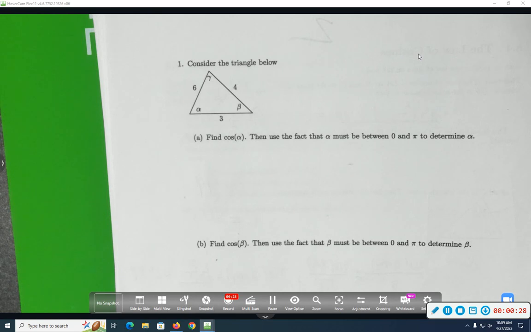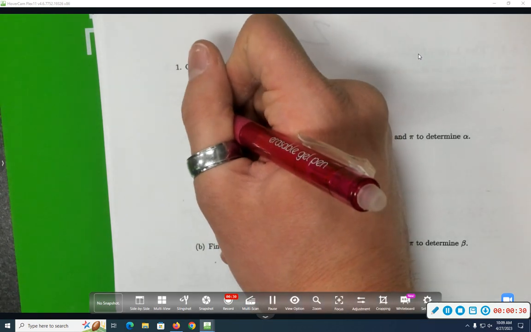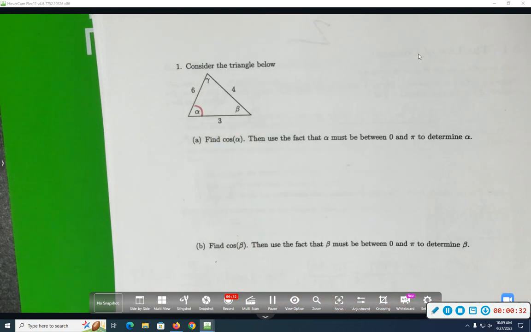So let's suppose you want to find this angle alpha. The law of cosines says that the square of the side opposite alpha is equal to the sum of the squares of those two other sides minus this defect.